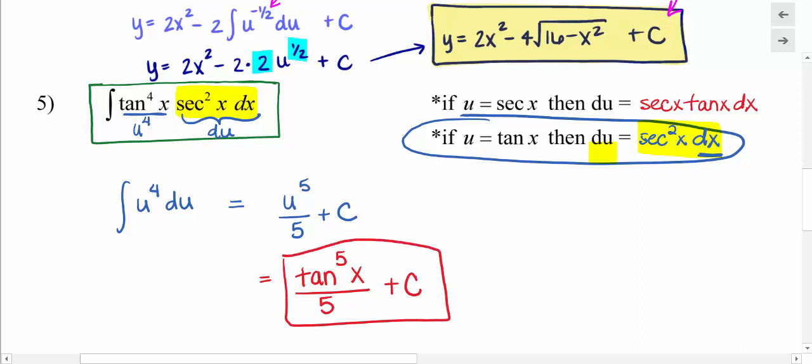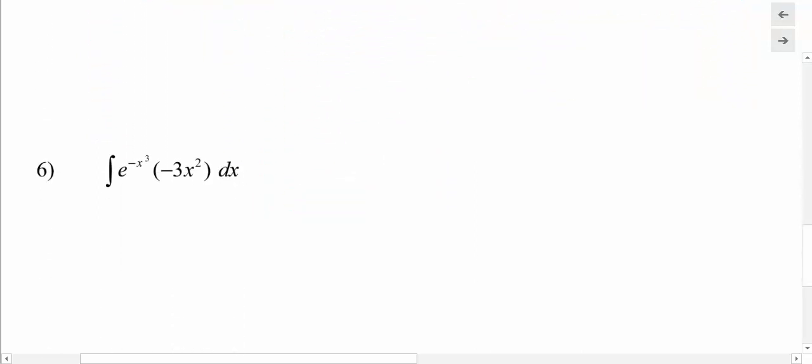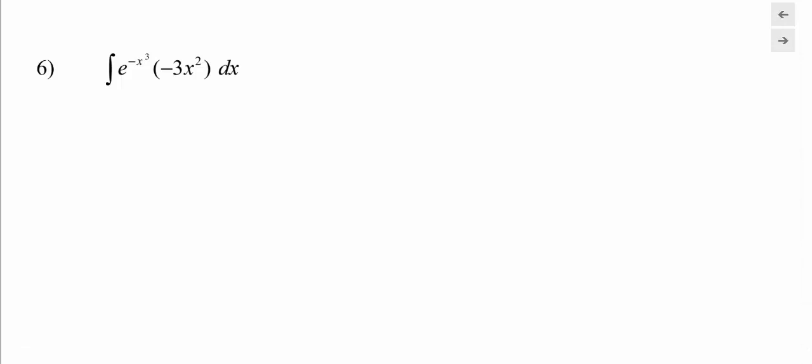And I'll show you another one like that here with e. Now, there's more than one way, of course, to do a lot of these problems. I'm trying to keep it simple and also efficient so you can replicate this and have success no matter what the problem says. So one general rule is that we know how to integrate e to the u with respect to u.